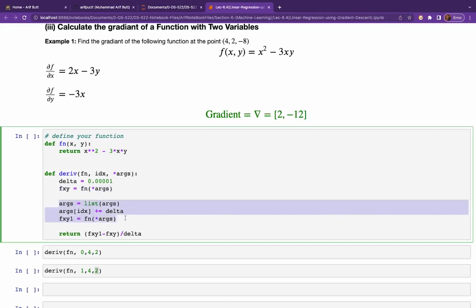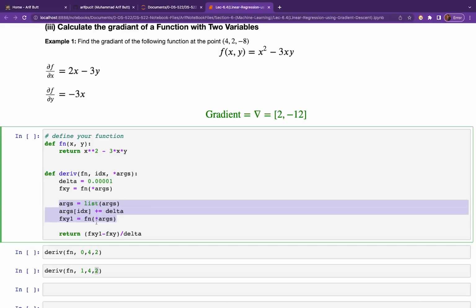We are increasing only that variable whose index is passed via this idx. And then we are actually calling the function fn and passing it the incremented value of one variable and the other value as such without any change to compute the output.